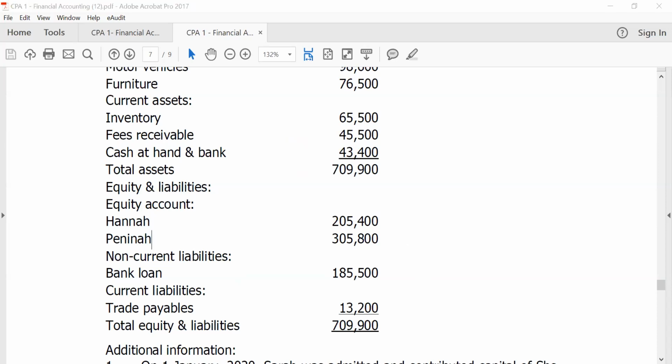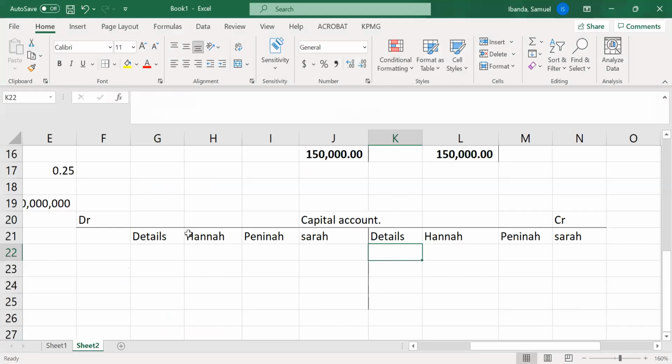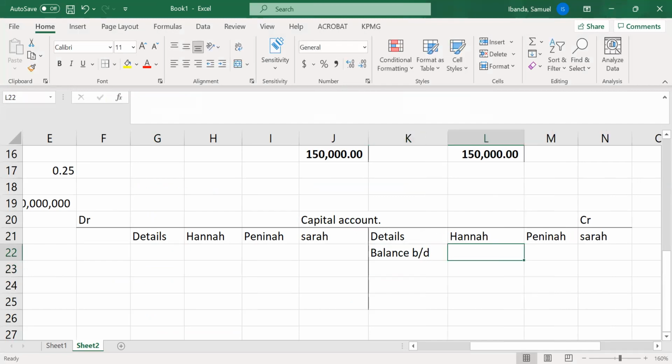So when you come here, remember capital has a normal credit balance. So you're going to have your balance brought down here on the credit side, and I'm going to put the respective amounts as they are.